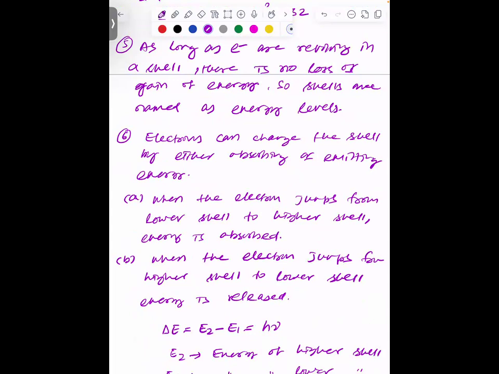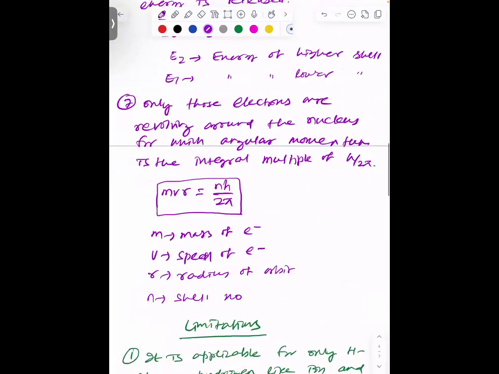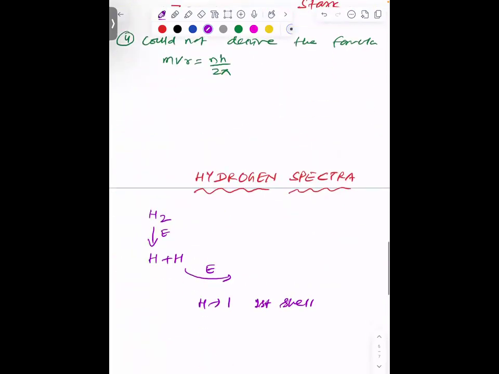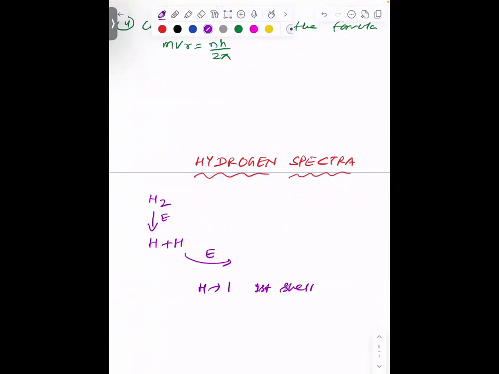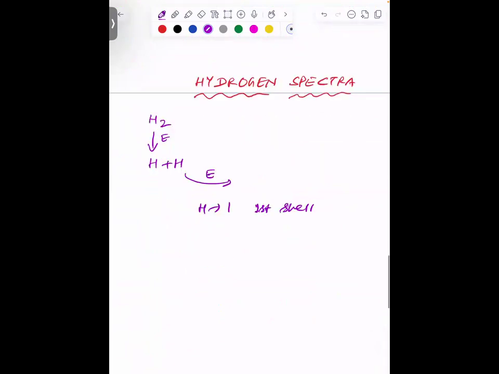Here the electron was present in cell number 1, so by absorbing energy it will jump to a higher cell. It can be the second cell, the third cell, even the infinity cell. So by absorbing energy, electrons are promoted to all the higher cells.